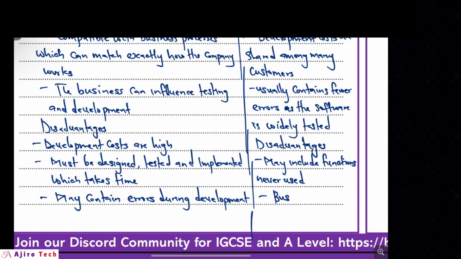Business must adapt, whether they like it or not, because it's a general software, must adapt to software, and support may stop if company closes.